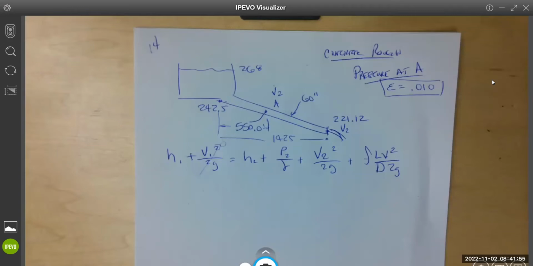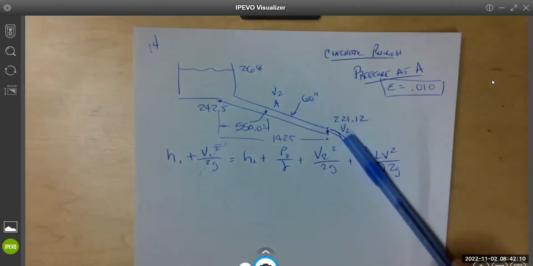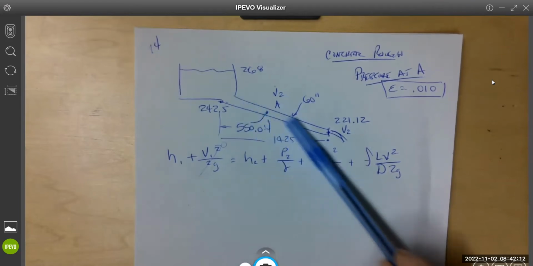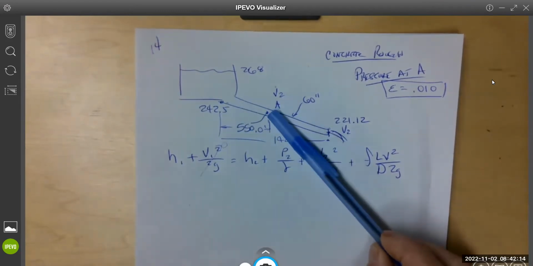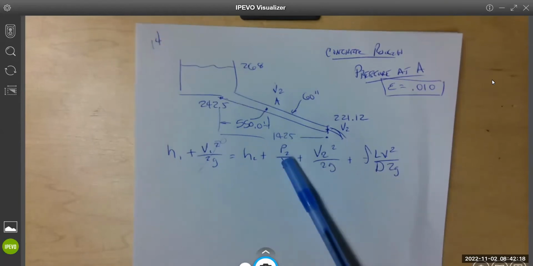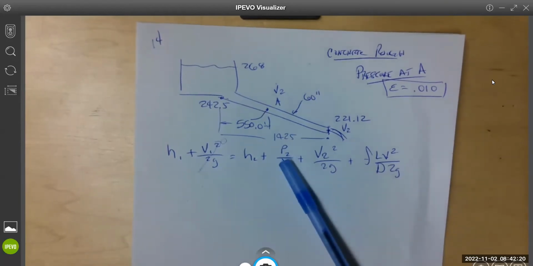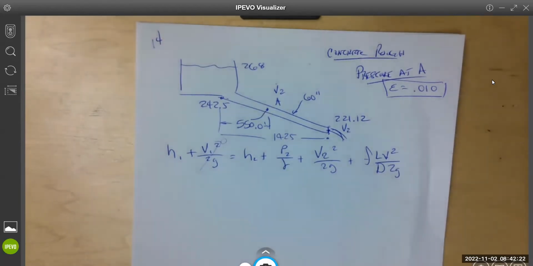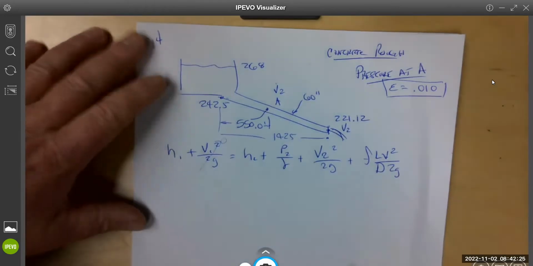That's my fault. So the first thing you've got to do is find V2. You set it up just like we did before. Once you have V2, it's the same here because it's the same throughout the pipe. Then we can go after this using this equation and putting in the pressure.